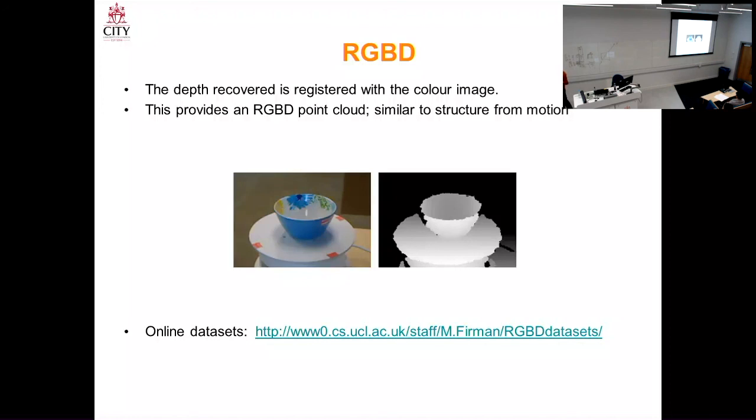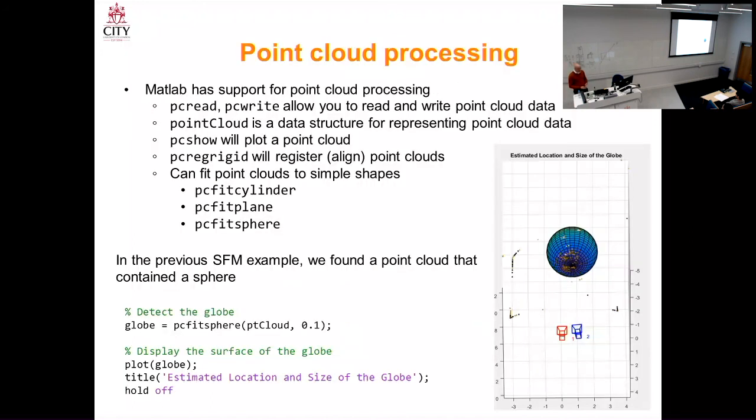These days, there are loads of these RGBD data sets available, and you can use them to solve different computer vision problems. In MATLAB, you can also do point cloud processing. You can load a point cloud, write a point cloud, and fit shapes to point clouds. For example, this is the globe that we reconstructed using structure from motion.